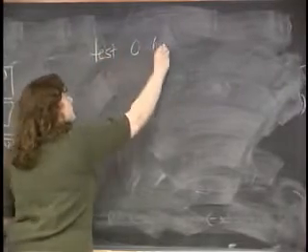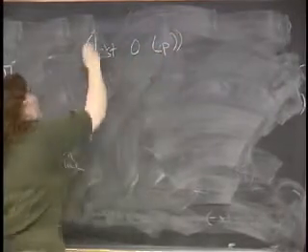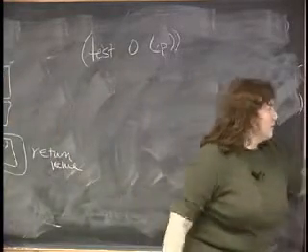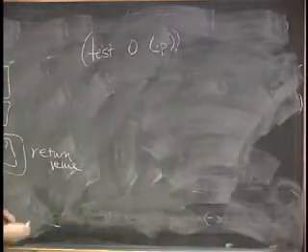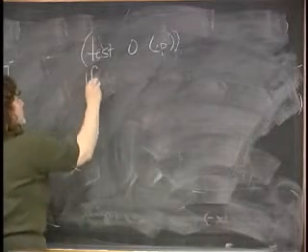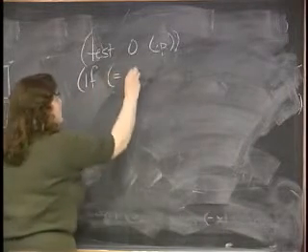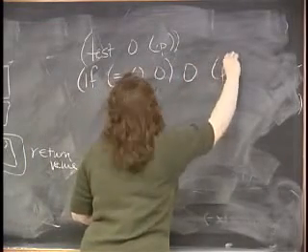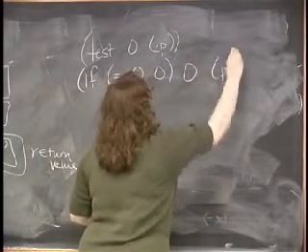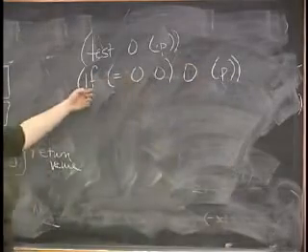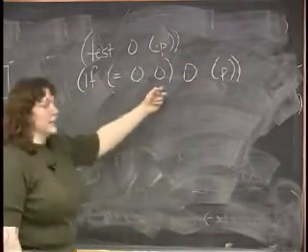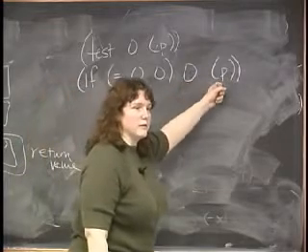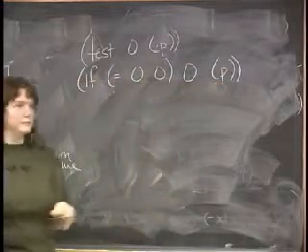Test 0 P is going to expand into the body of the lambda with the variable replacement. In this case, if equals 0, 0, 0, otherwise P. We only evaluate one case. And because if is a special form, we check the predicate, it's true, we only evaluate the consequent, we never evaluate the alternative. Okay. Yes?